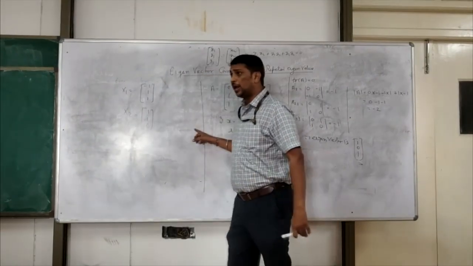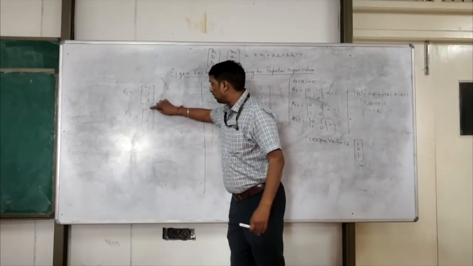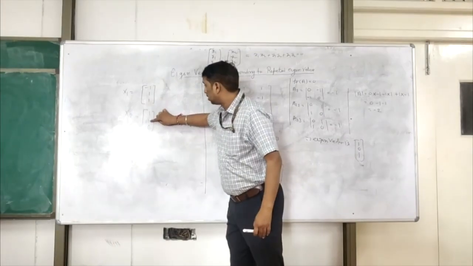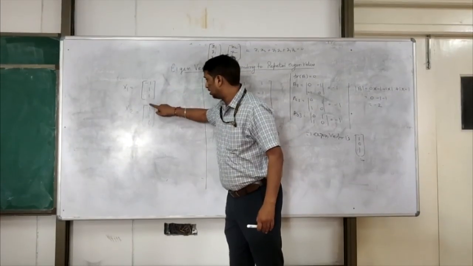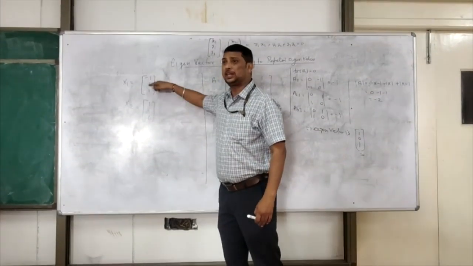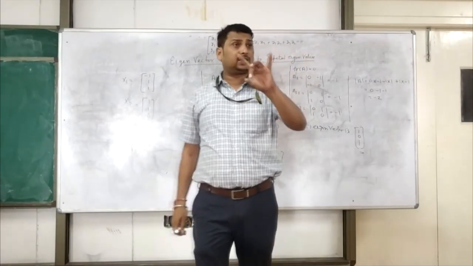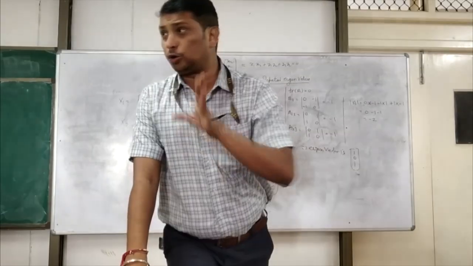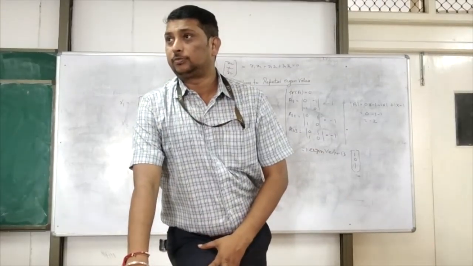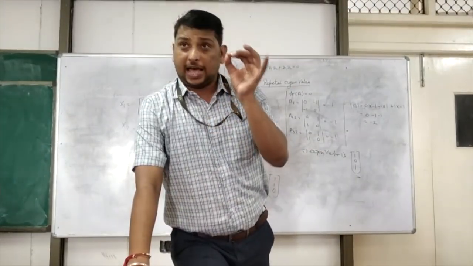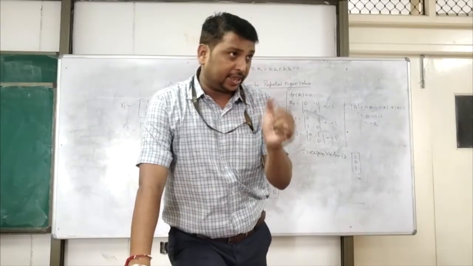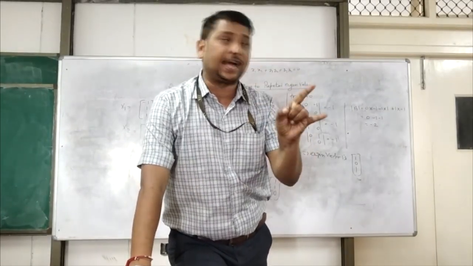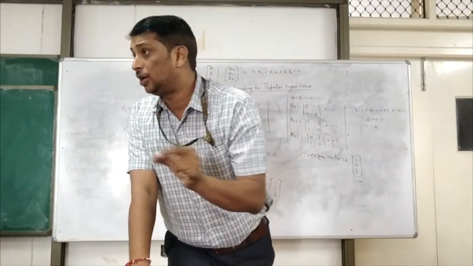Minus 1 into 1 is minus 1, 1 into 1 is 1, 1 into 0 is 0. So 1 minus 1, the final value is 0 only. So both vectors are orthogonal. I already told you, eigenvectors corresponding to distinct eigenvalues are always orthogonal.